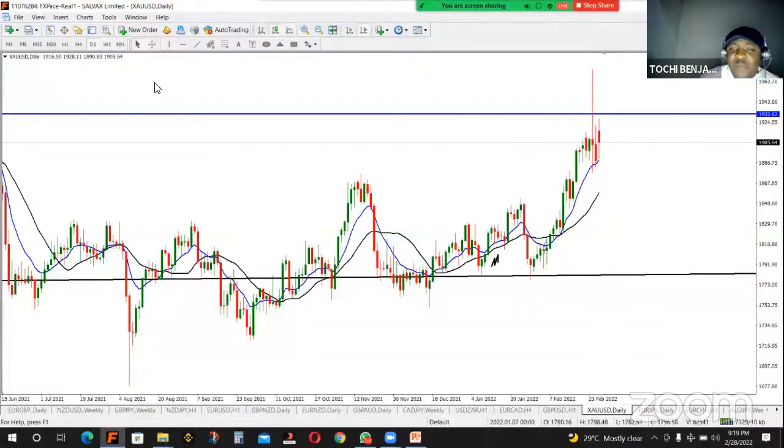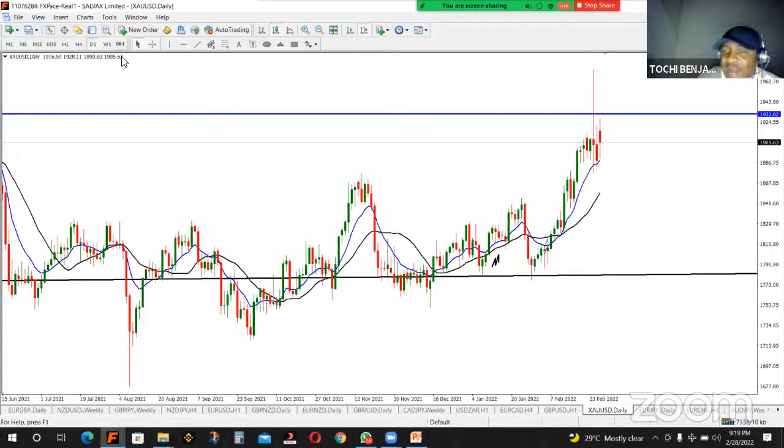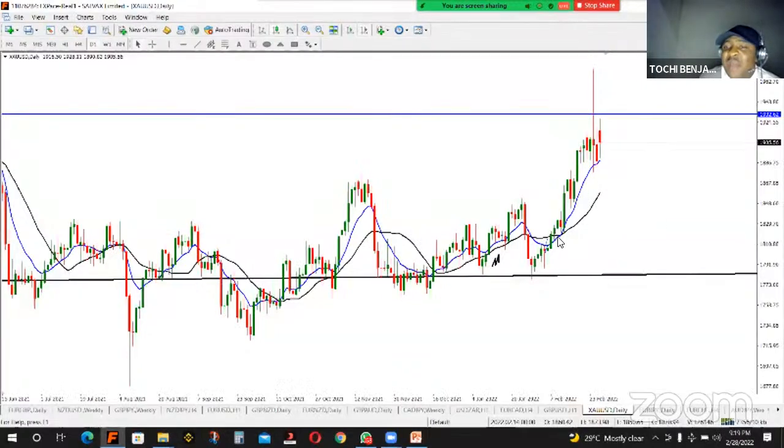Now, if price is rallying on a daily time frame, now you want to take a direction. Price is above the moving average, and the smaller period moving average has crossed the higher period moving average.